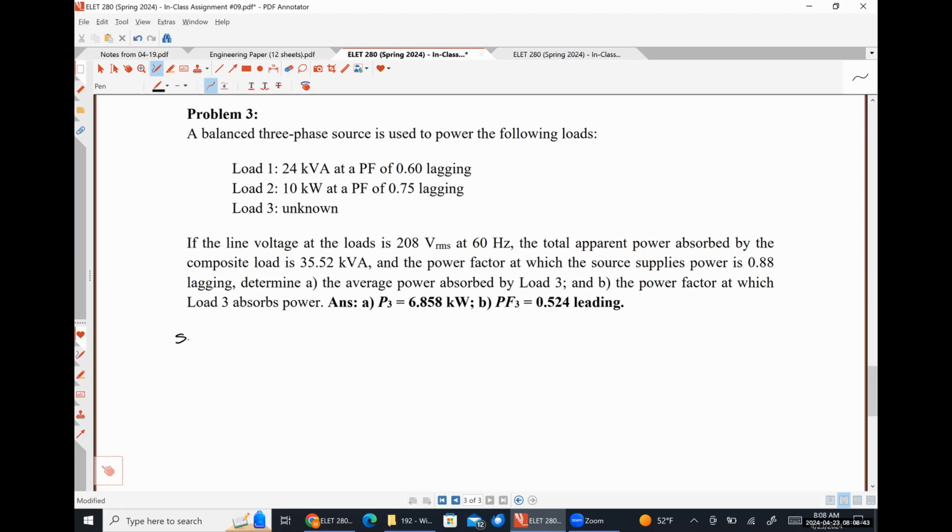So this is the complex power supplied by our source. And so that's going to be simply our apparent power with an angle of the inverse cosine of the power factor of our source. And so that would be 35.52 angle inverse cosine of 0.88.